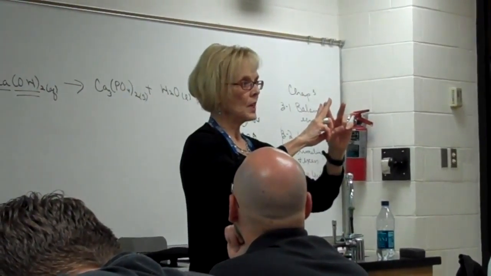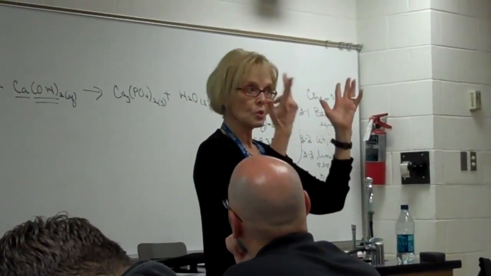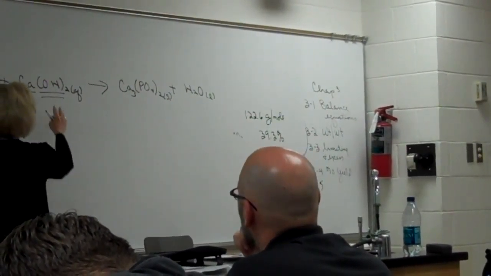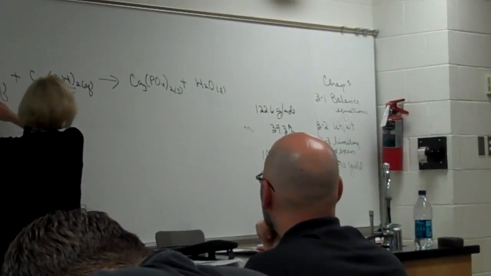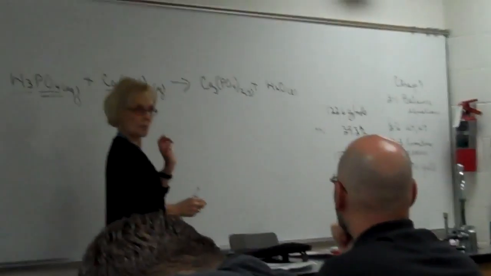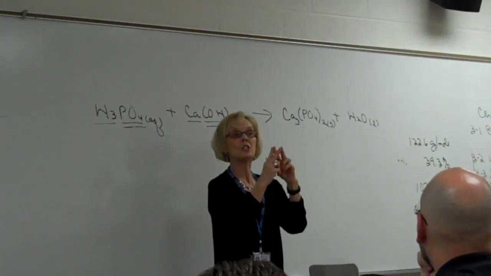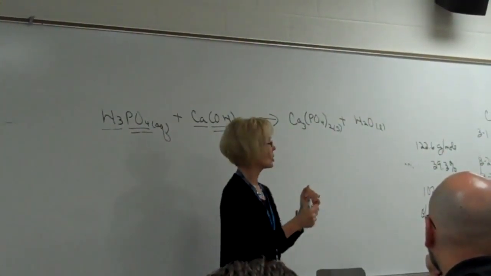They come together on the dance floor and they say, hey, why don't we switch partners? So they just switch partners. What you have is the hydrogen goes off with the OH part and makes water, and the phosphate goes off with the calcium part and makes calcium phosphate. And that's called a double displacement reaction. See, 2 have come together and switched.